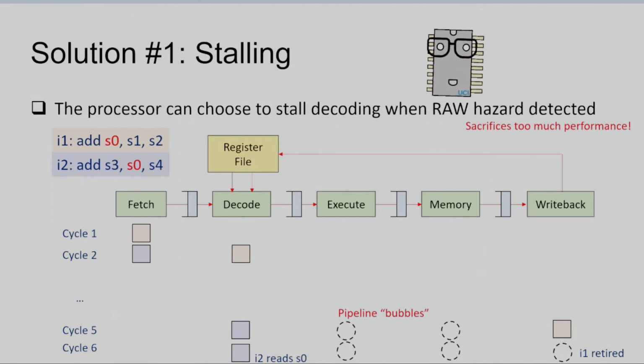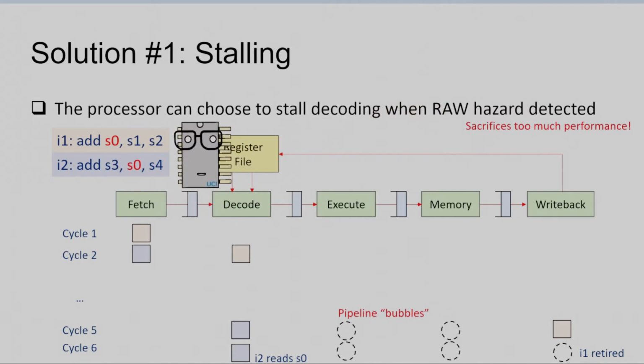As an aside, it will not degrade performance at all if this data dependency pattern doesn't happen at all. For example, if every single pair of instructions inside this particular program has register dependencies, where an earlier instruction writes to a register and the later instruction reads from it, but these instructions are always more than, say, 5 instructions apart, 5 cycles apart, we will know that by the time instruction 2 reaches the decode stage, instruction 1 has happened 5 or 6 instructions ago, so the results will be available.